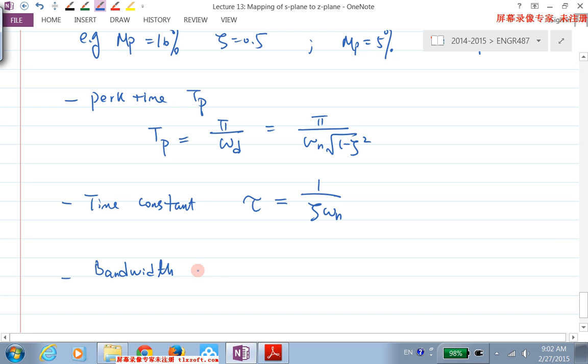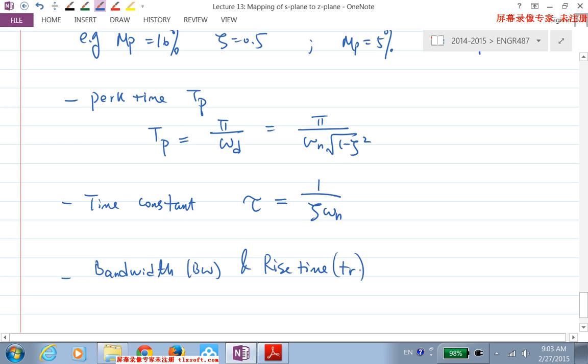Okay, let's say BW, and/or rise time, let's say TR. Rise time is basically the amount of time it takes from 0 to 90% of the steady state value.